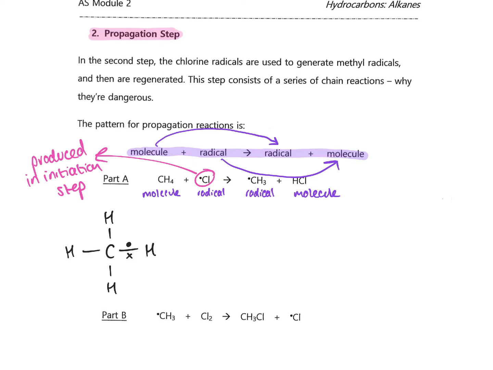Then let's represent our chlorine radical that we produced in the initiation step as a Cl with a dot in it to show that it's a radical, that it's got an unpaired electron.